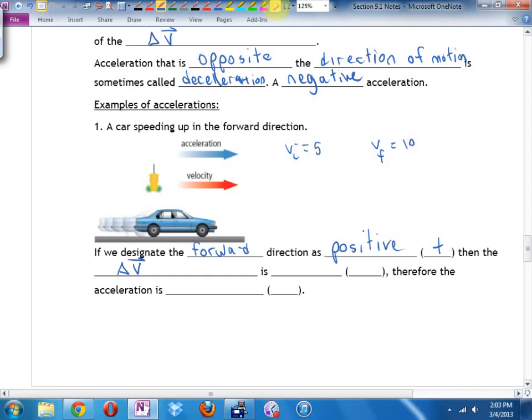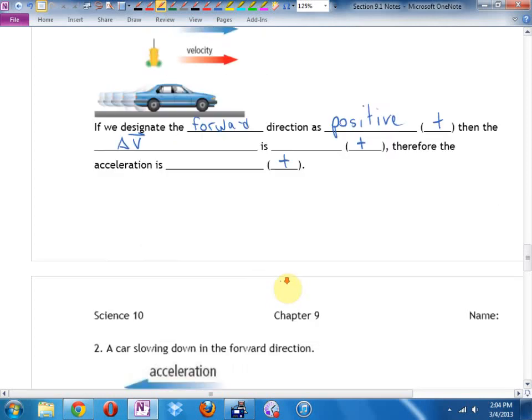Positive, you say? Is positive. Therefore, the acceleration is positive. Why? Because your initial velocity was positive, and your change in velocity is positive. They're in the same direction. That means you're accelerating in the positive direction. Justine has been clever enough to turn the page.